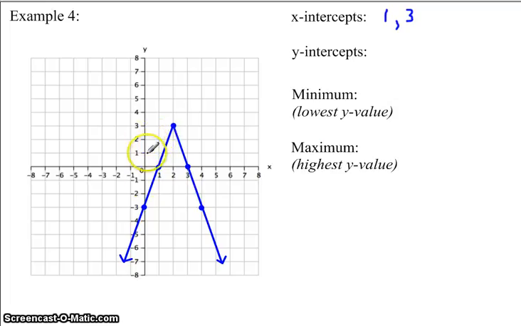It only crosses the y-axis once here at -3. The minimum value. Well, this one points down, and the arrowhead again means it goes down infinitely. But it's not positive infinity that it goes down to, it's negative infinity. So we just say negative infinity.